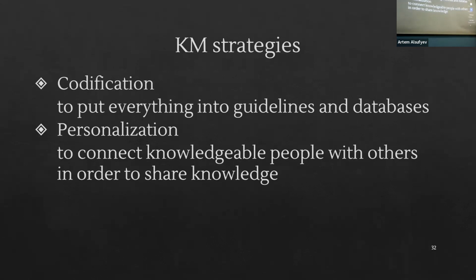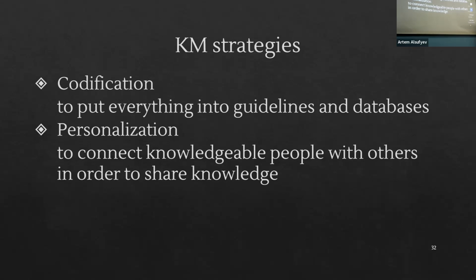And this strategy that we're talking about here, orientation on knowledge sharing, is called personalization. So a knowledgeable person, and this knowledgeable person, this is number one, this is number two. And this knowledgeable person is going to be our major core knowledge asset, and we try to connect all other less knowledgeable people with him.